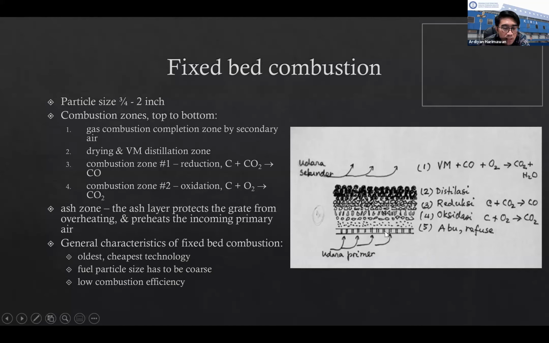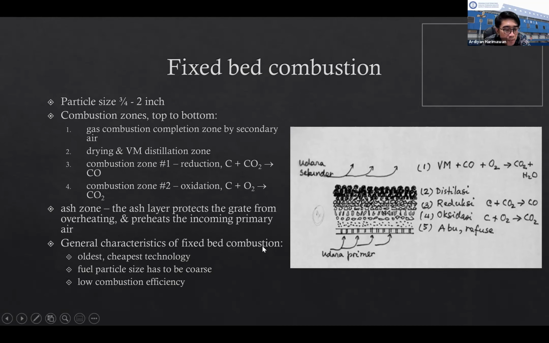The ash layer will protect the grate, the one that you use to support the stack of the solid, from overheating, and then preheat the incoming primary air.